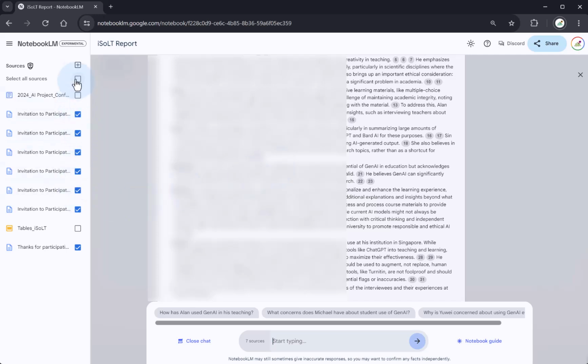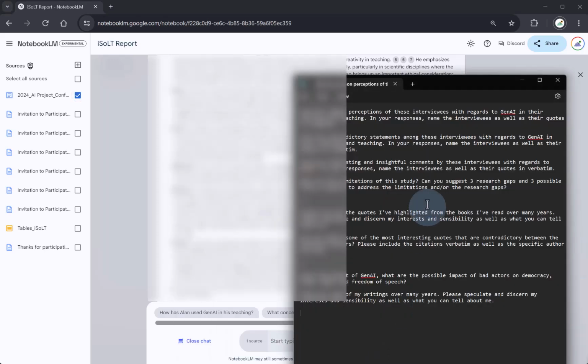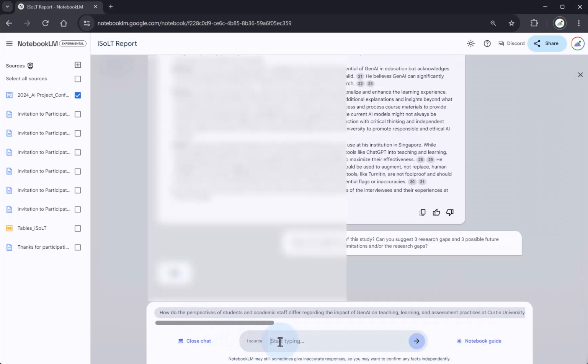So now we will look into the paper itself. In this case, what I will ask is, what are the limitations of this study, and suggest three research gaps and three possible future research to address the limitations and the research gaps.